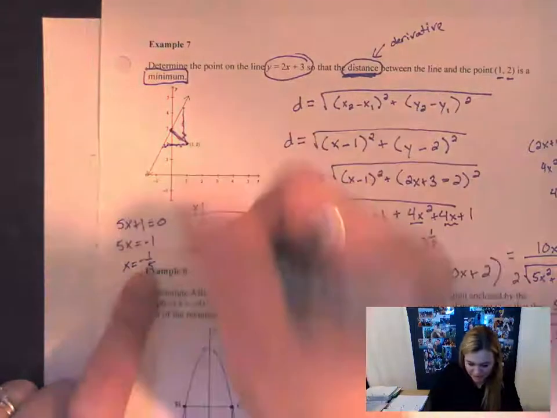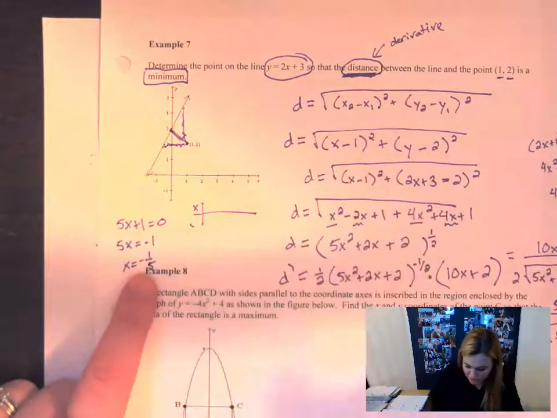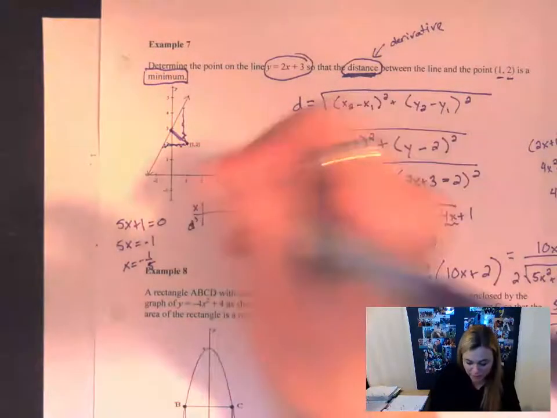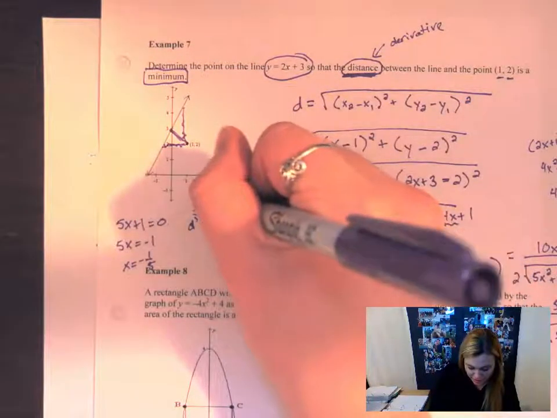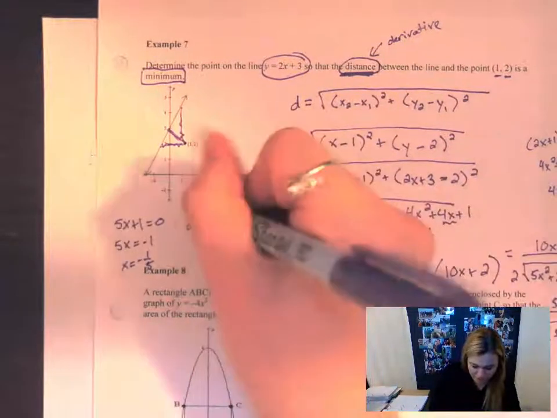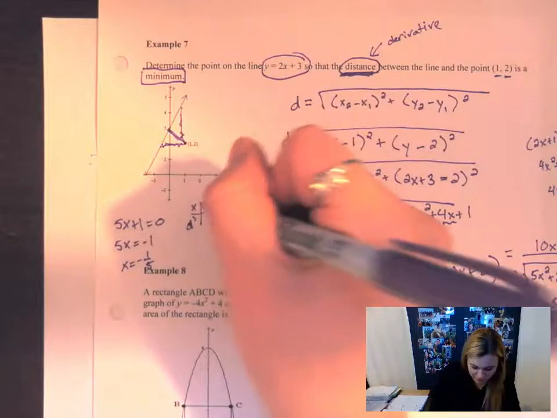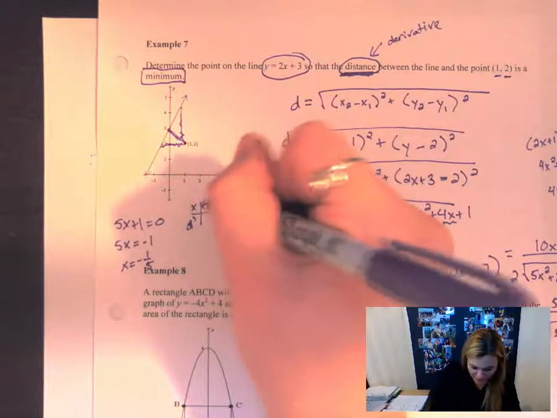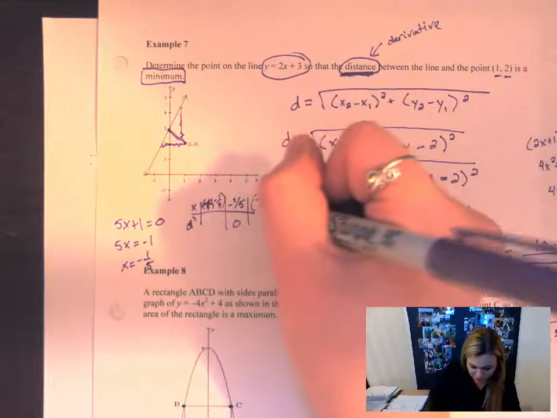If this is x, and this would be d prime, because distance is what I want to have a minimum. And I'm finding negative 1/5. Negative infinity to negative 1/5, I'll say it that way. And then negative 1/5 to infinity.